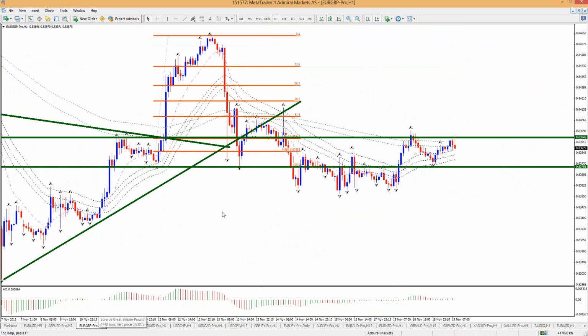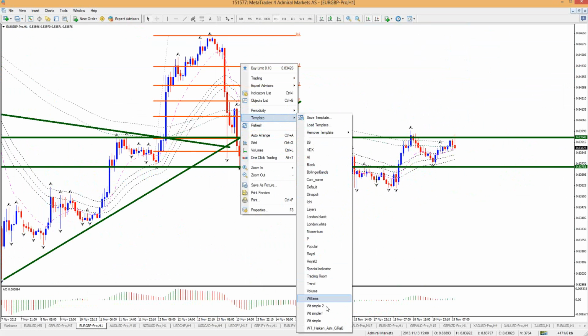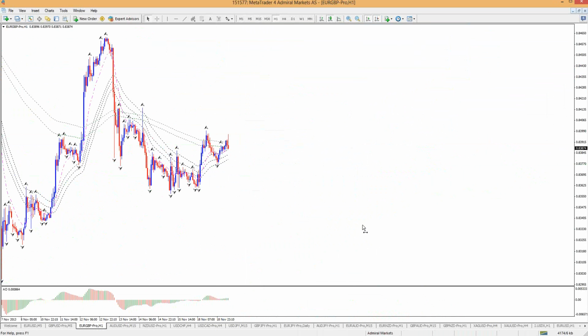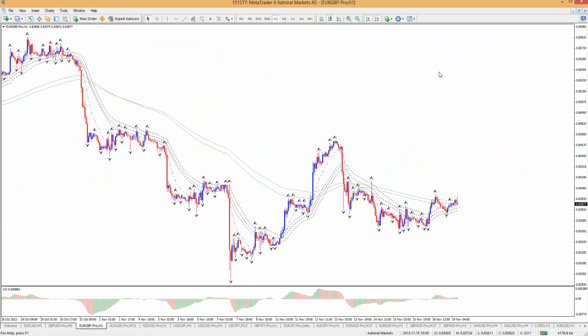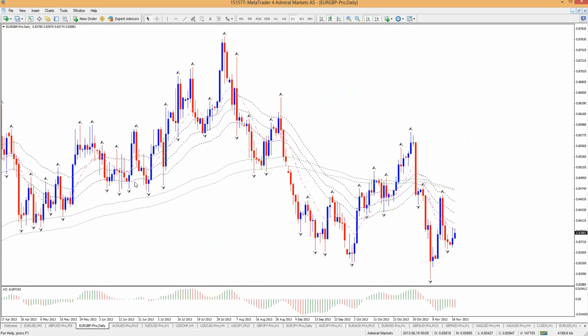Euro pound. Let me take everything off. I didn't take a look at the euro pound this morning yet, so let's do that together. Let's start with the day chart. Well, small bullish day yesterday.